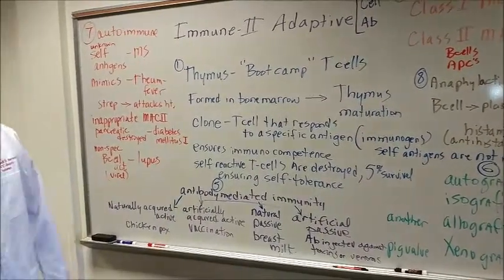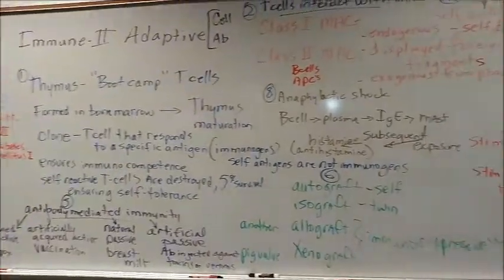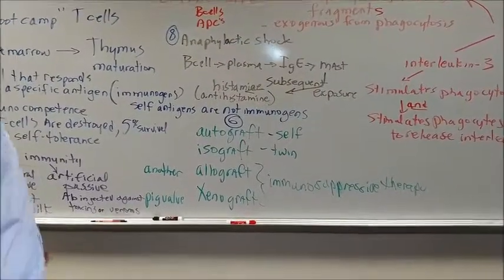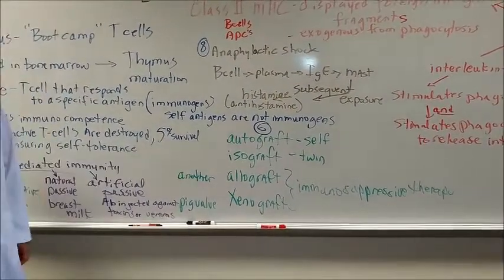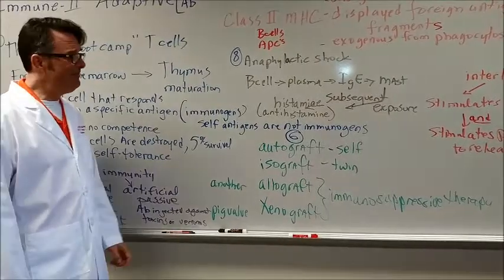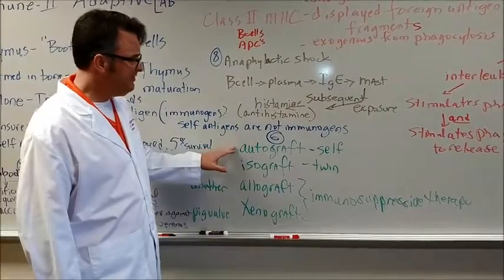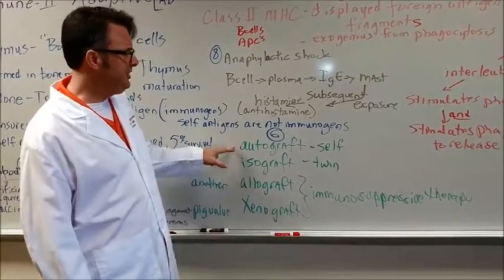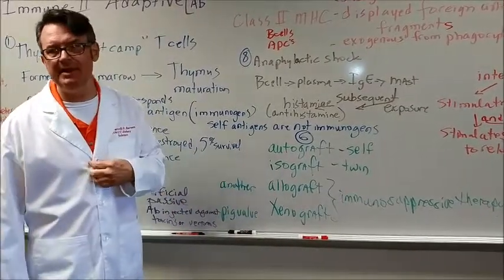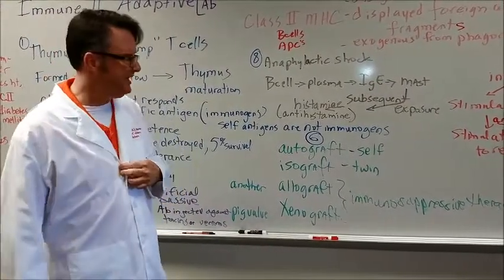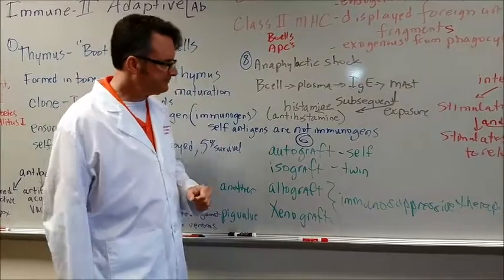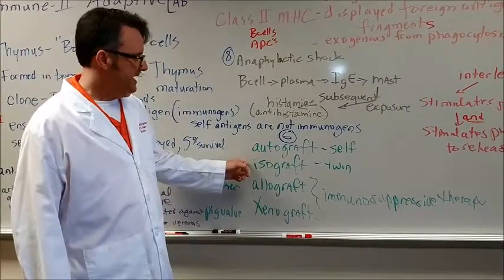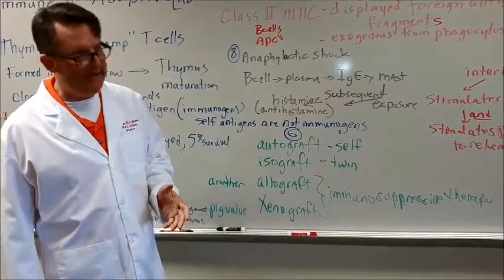Let's move on to the next topic, and let's talk about burn victims. If a burn victim received skin from him or herself, this would be called an autograft, and this would not involve tissue rejection on a big scale. Maybe not at all. An isograft would be from a twin.